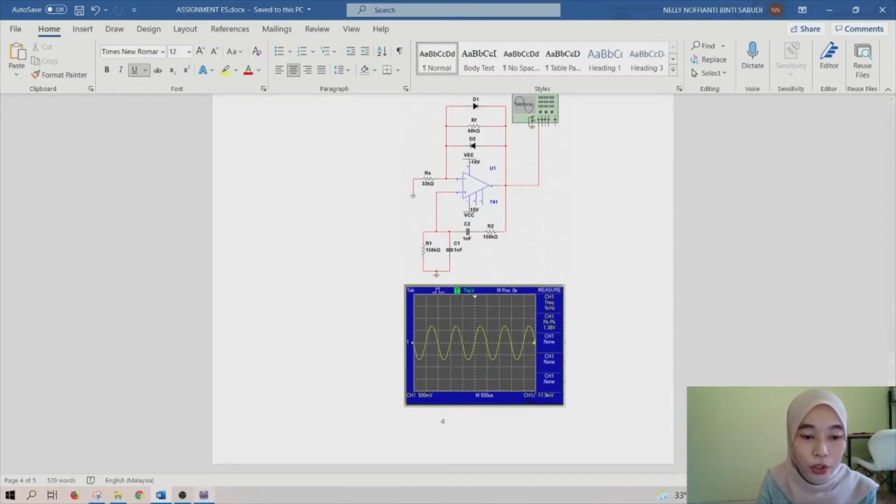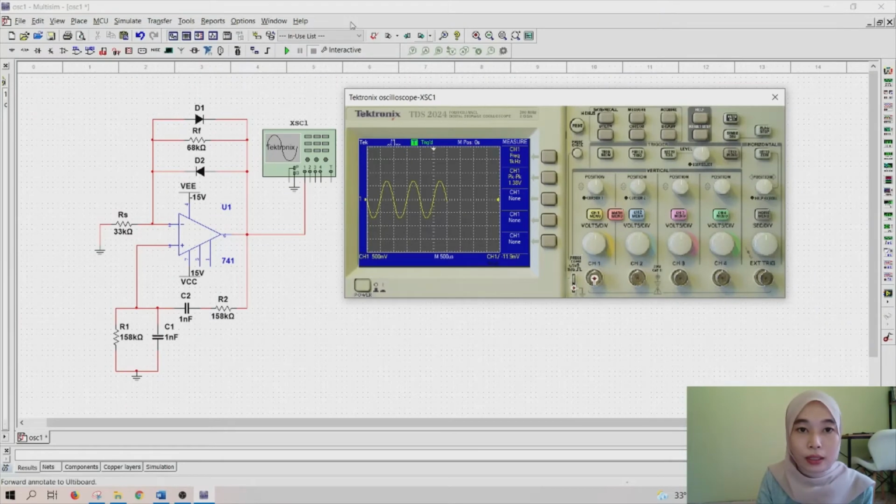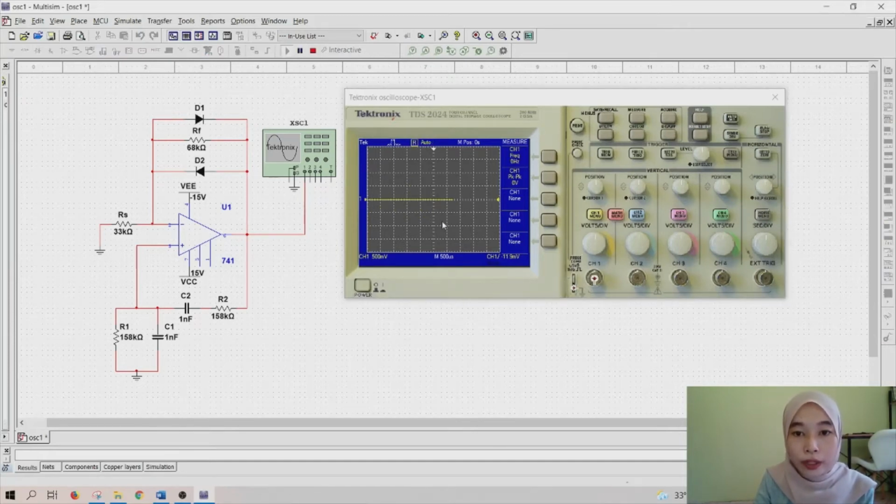I am going to show you my Multisim. Okay, as you can see here, this is my Multisim, and I put a diode here so that the oscillation will not have distortion. So I got a clean sine wave here.